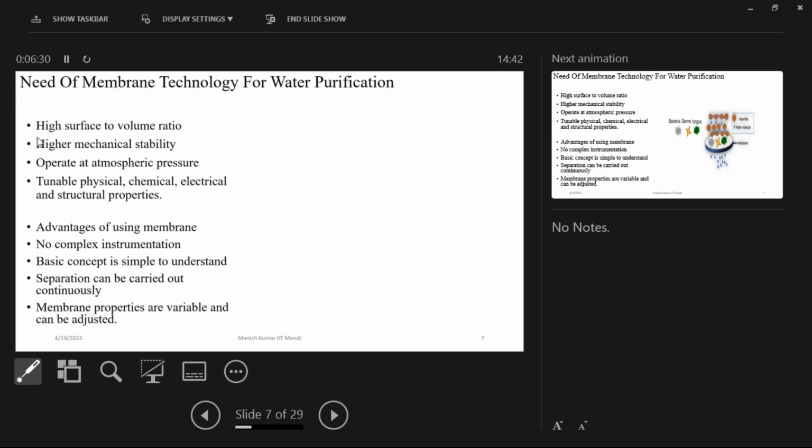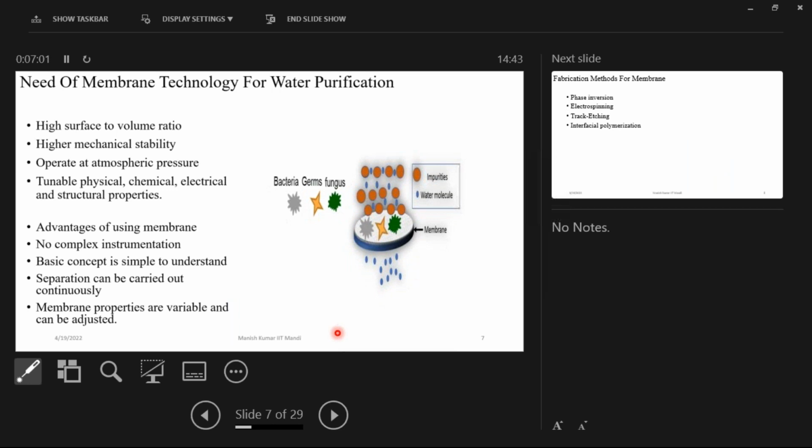These membranes have a high surface to volume ratio and higher mechanical stability, and they can be operated at atmospheric pressure. Their physical, chemical, and electrical properties can also be tuned. The advantages of these membranes are no complex instrumentation, no large energy requirement, and no large land requirement. So this technology is favorable in all conditions.